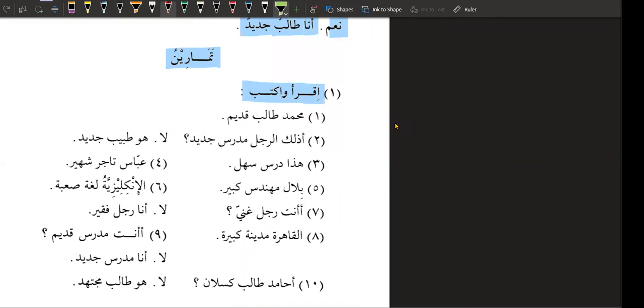So read it, then translate it, and then quickly point out which one is man'ut and which one is na'at. So three things you have to do. محمد طالب قديم. نعم. So Muhammad is an old student. جيد.